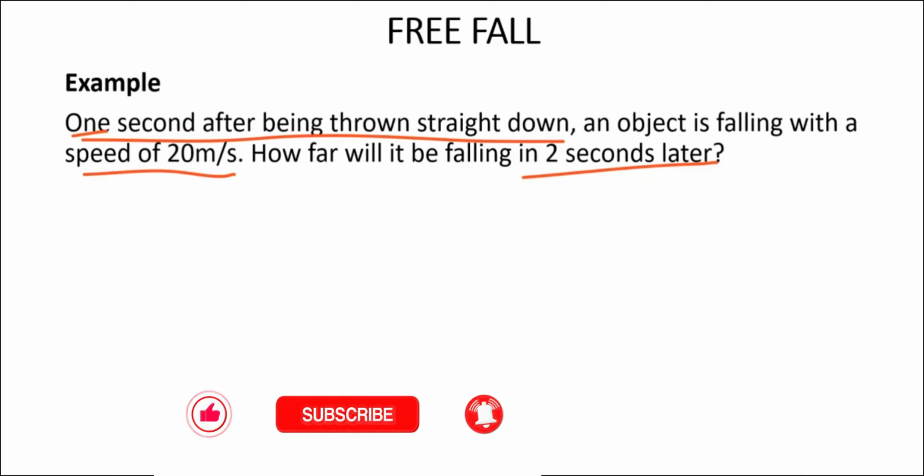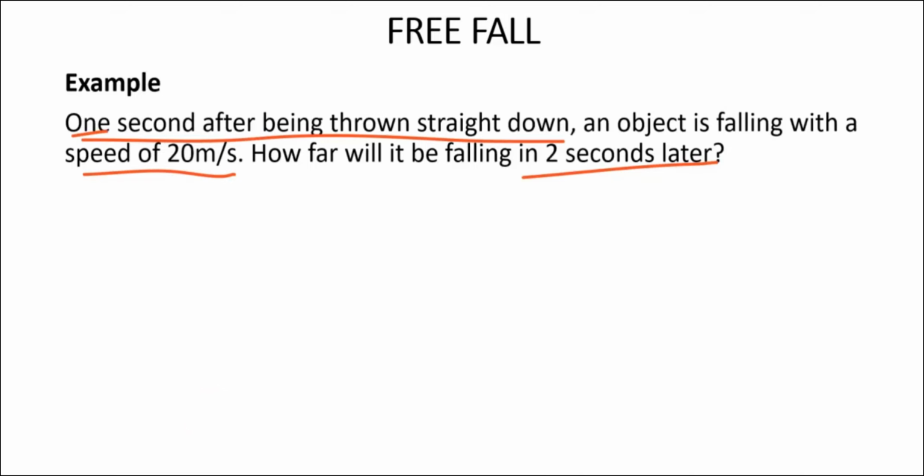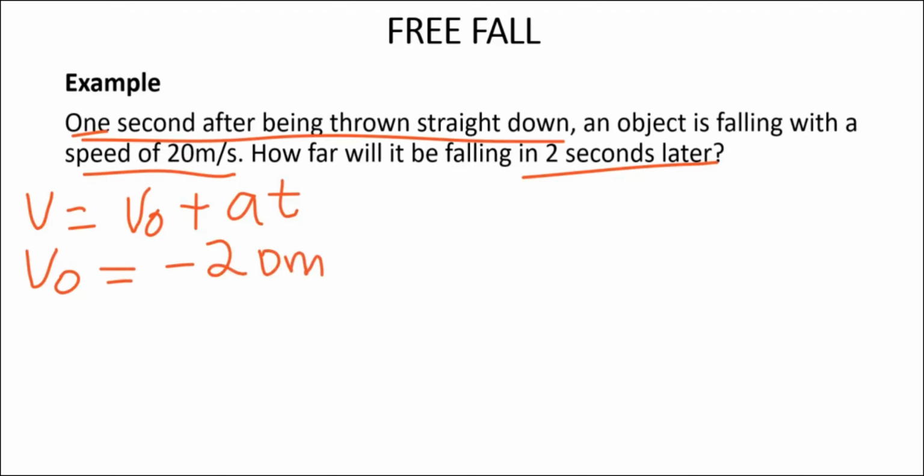So we're going to pick the big 5, number 2, that says v, the final velocity, is equal to initial velocity plus acceleration times time. Here the initial velocity is what we have, and the final velocity is what we are looking for. V0 is, it falls 20 meters per second, so V0 is -20 meters per second.